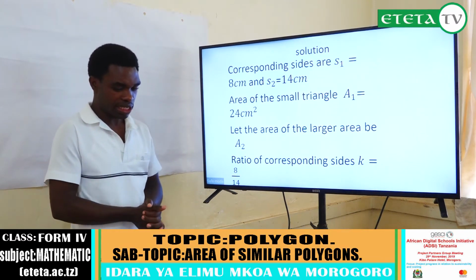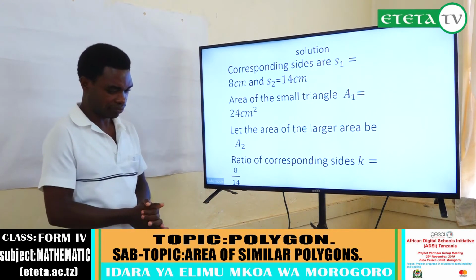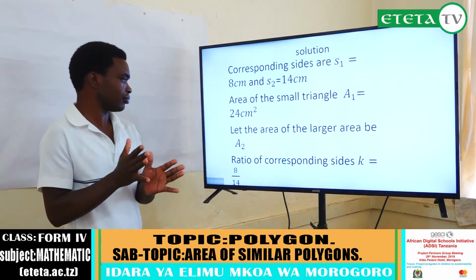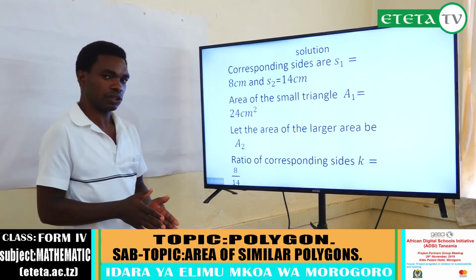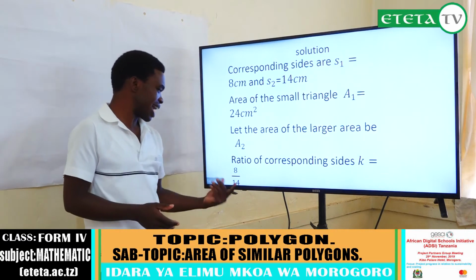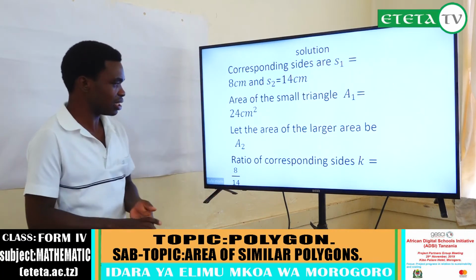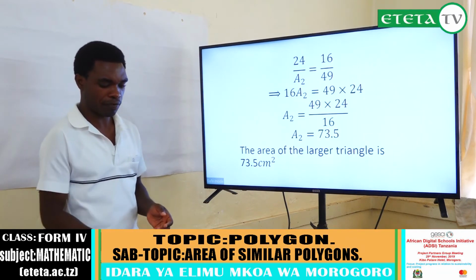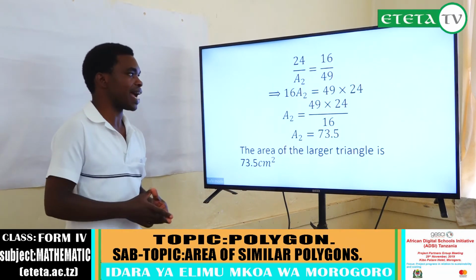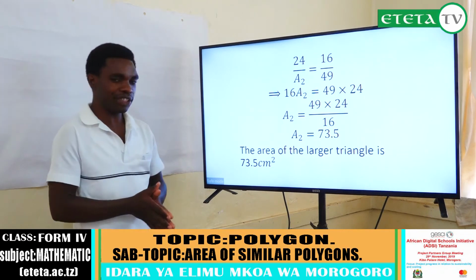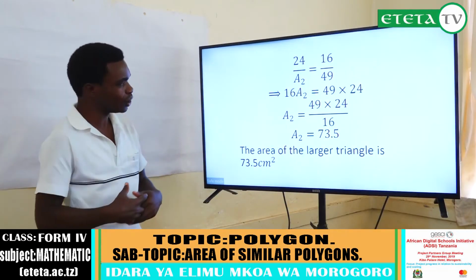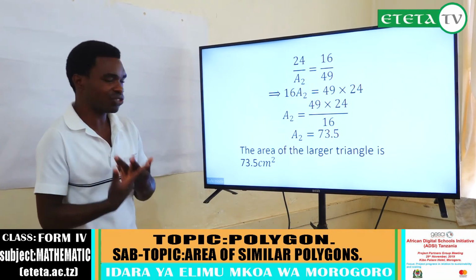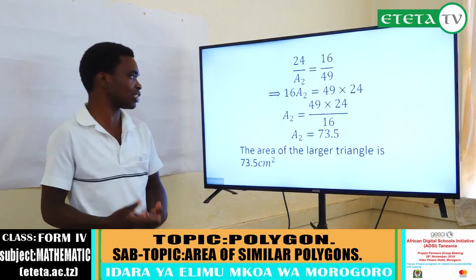That will be the ratio of the areas. Since the ratio of the sides is 4 over 7, the ratio of the areas will be 16 over 49. Now we have to compare. Taking area 1 over A2, it should be equal to the ratio that we discussed, which is 16 over 49.